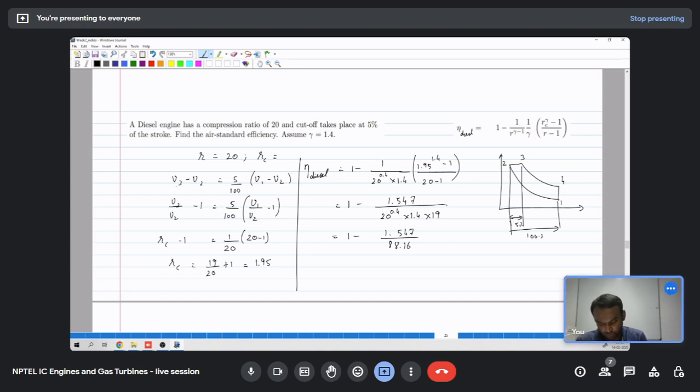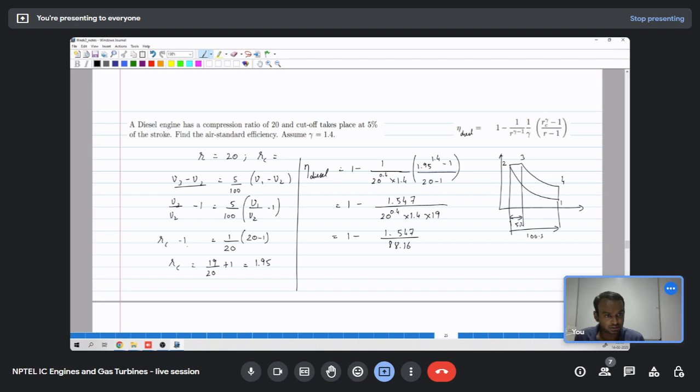So V3 by V2 is never RC, no? We had V3 minus V2 is 5% of V1 minus V2, right? That is correct, no? Yes, sir. Just go through the third line.